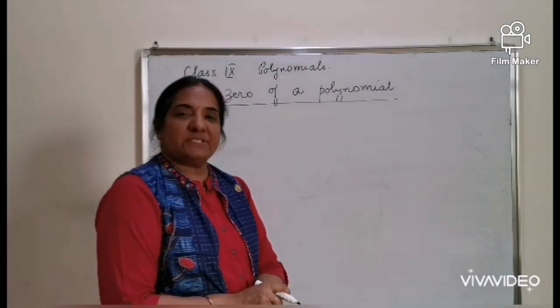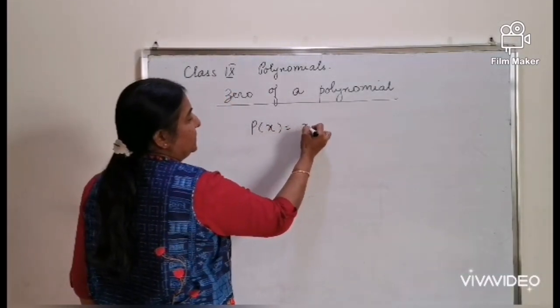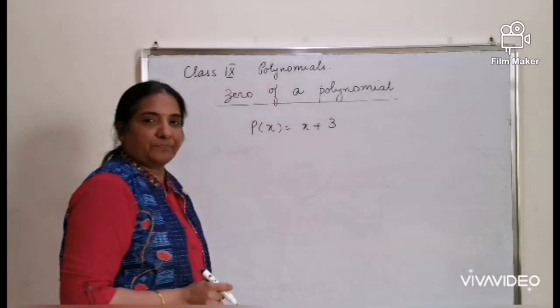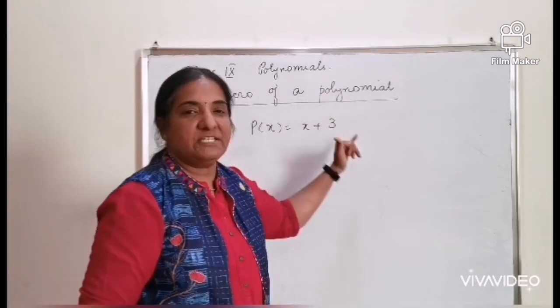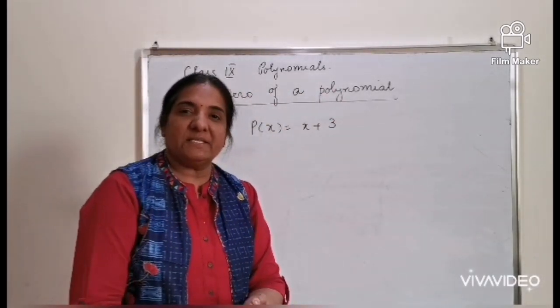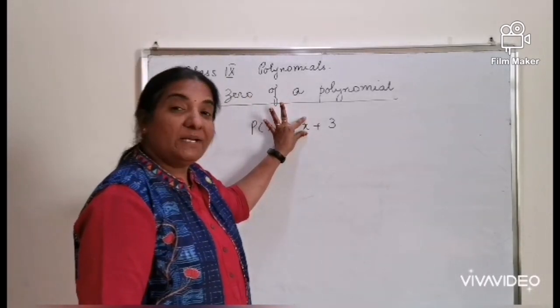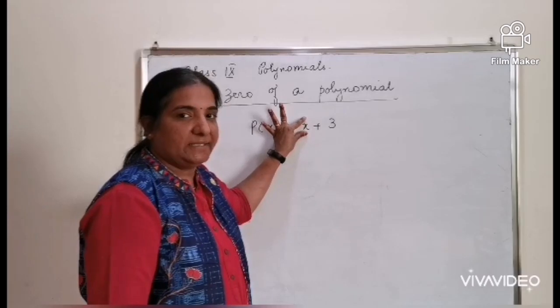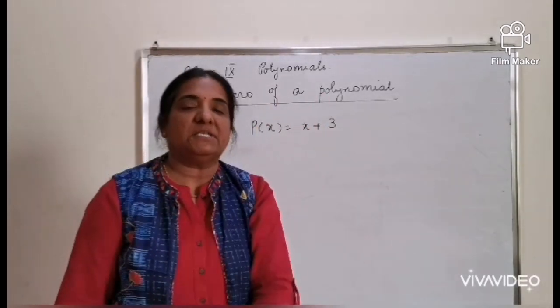The second type of question is, given p of x is equal to x plus 3, find the zero of this polynomial. What will be the meaning? The meaning is, what value of x you will substitute so that x plus 3 has to become a 0.